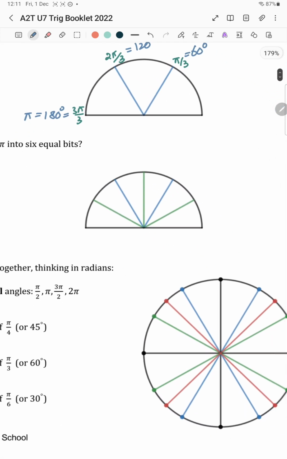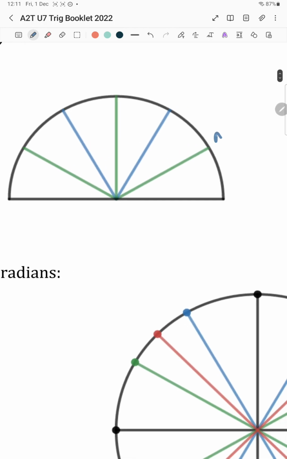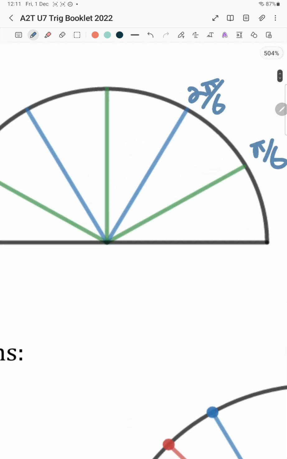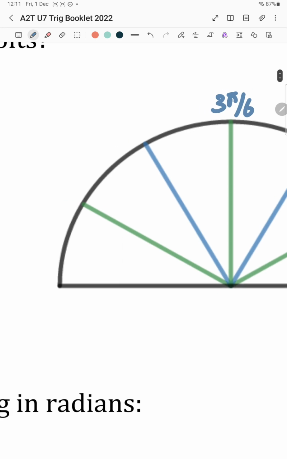What if we divide pi into 6 equal bits? Dividing into 6 equal bits is pi by 6, 2 pi by 6, 3 pi by 6, 4 pi by 6, 5 pi by 6, 6 pi by 6.